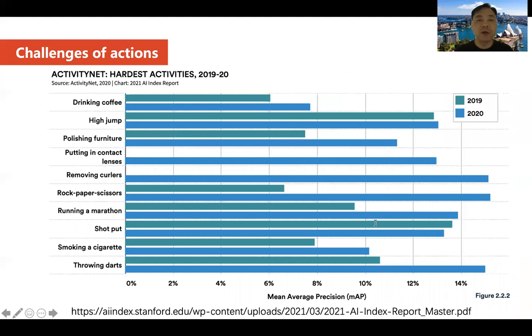We can find the challenges of activity detection mainly come from human-object interactions, such as drinking coffee, polishing furniture, removing colors. This shows the significance of human-object interaction for action understanding. Once we understand the human-object interaction appropriately, we can largely improve the performance for action recognition and action detection.